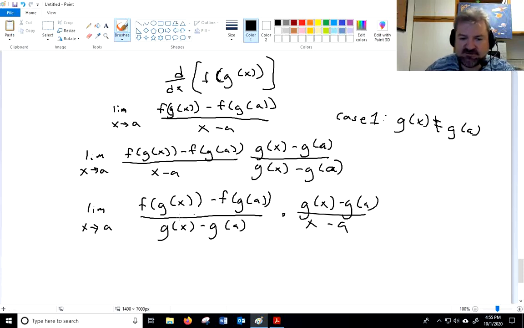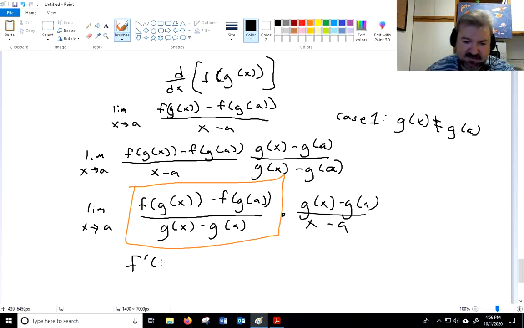Now, using the limit properties, I can split limits up around multiplication. So I've really got two different limits as x approaches a. What is this? Well, that right there is just f prime of g of a. Look at that and think about it.